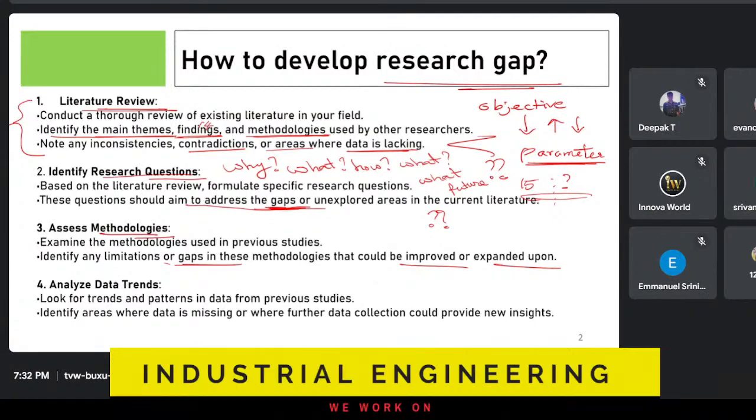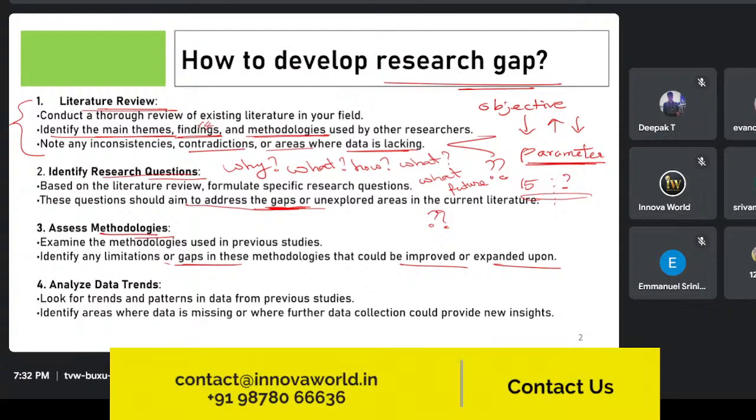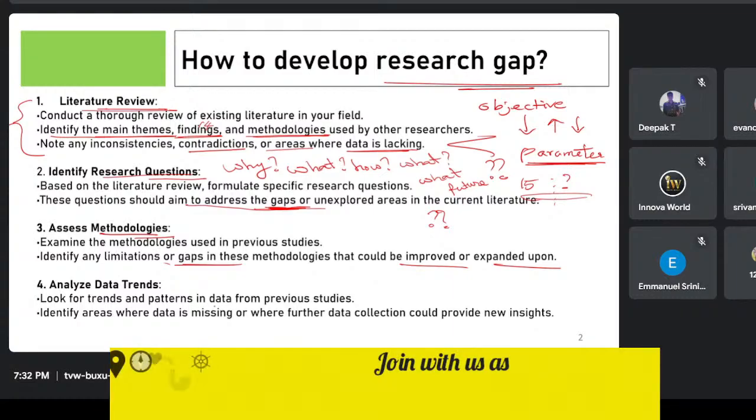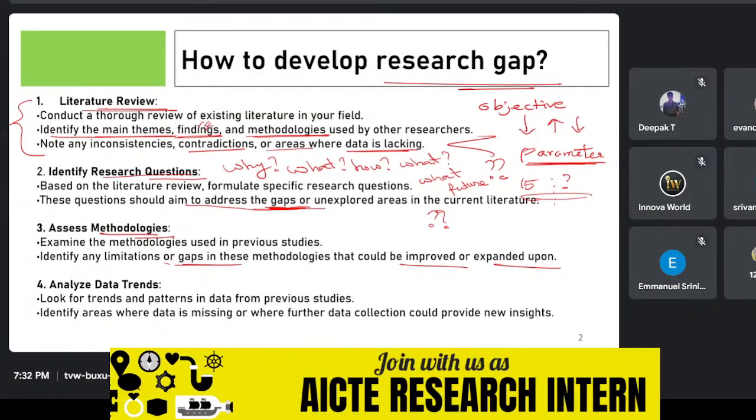The next factor to develop a research gap, a very important factor, is to read and understand the data, the trend. The trend of the data can be utilized. A very good example is regression or correlation: understanding the correlation pattern of your data, how these parameters are correlated.